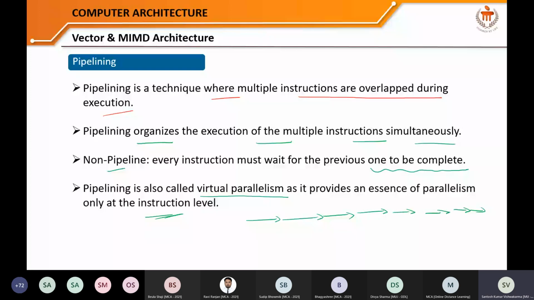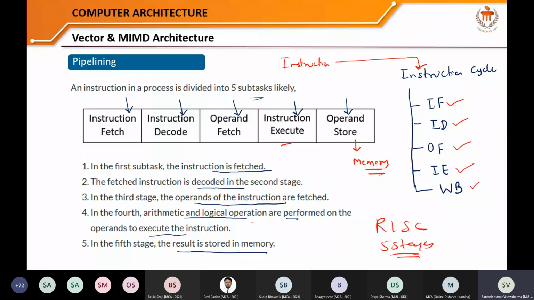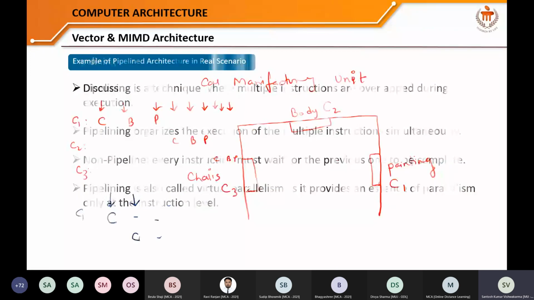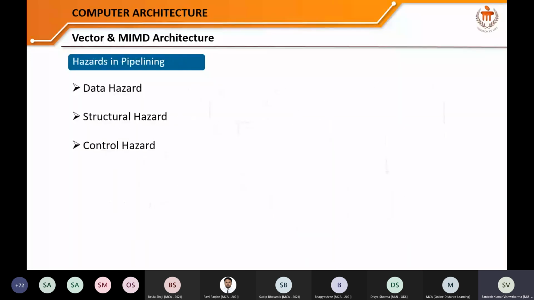So in pipelining, the CPU executes each instruction in a series of common steps that we have discussed in the previous case. Now, if we go ahead with more examples, do remember the pipelining hazards.